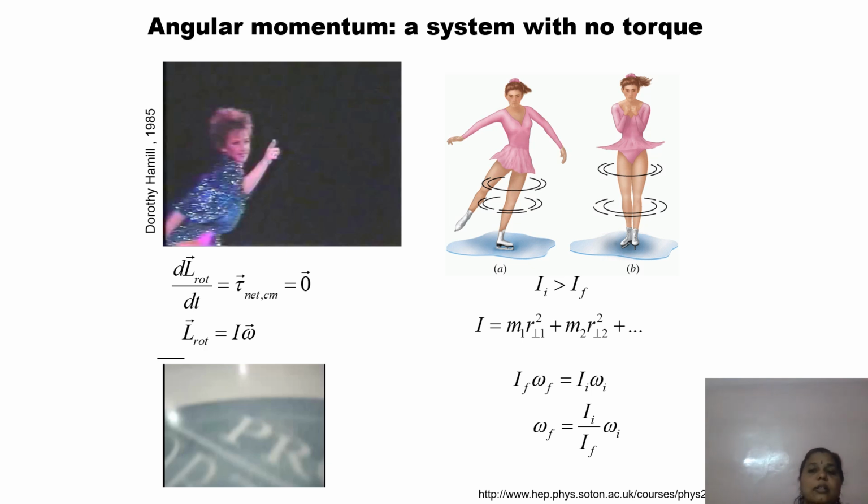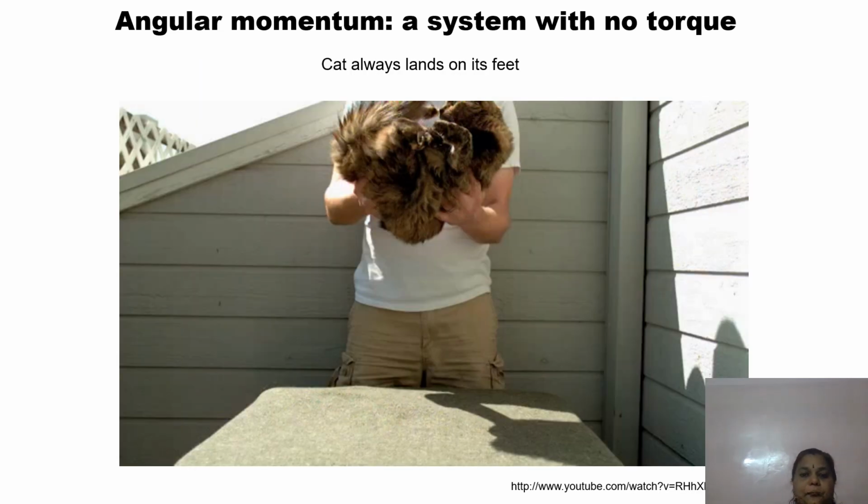Since there is no torque in the system, the conservation of angular momentum helps us find the unknown parameter, either the final velocity or the initial angular velocity.